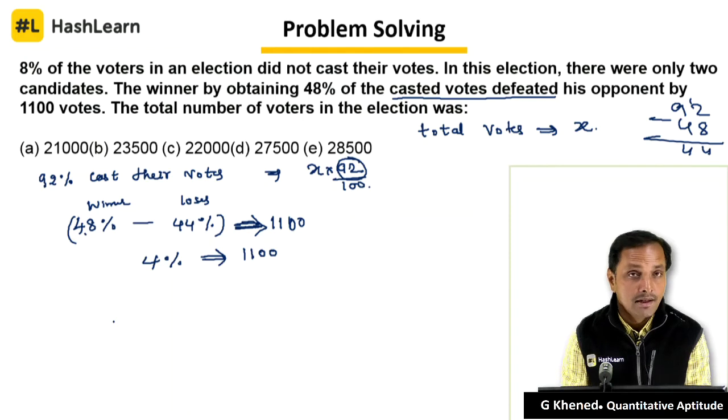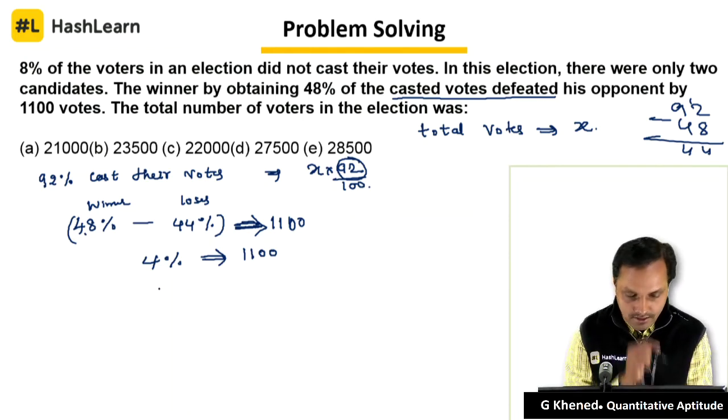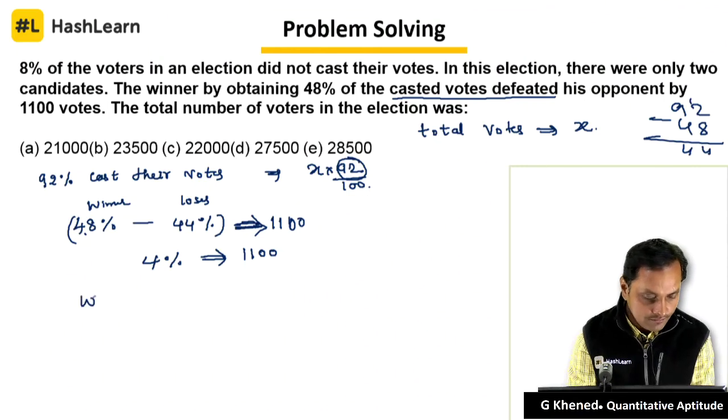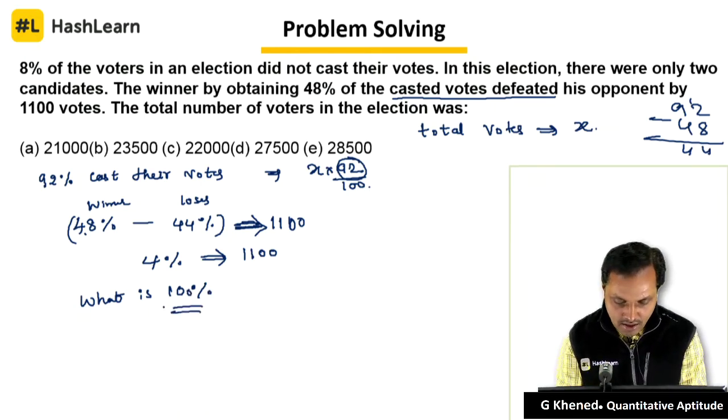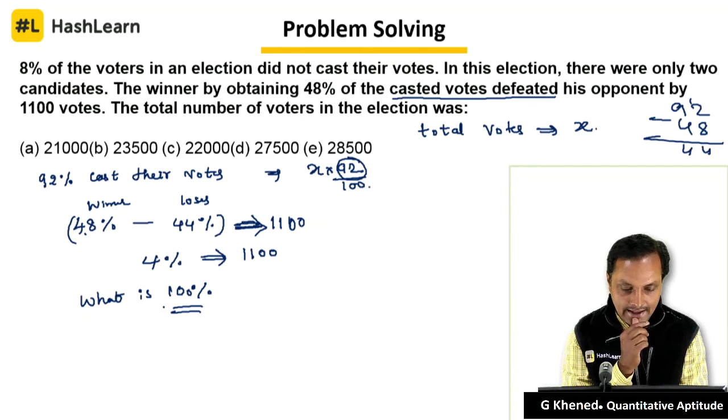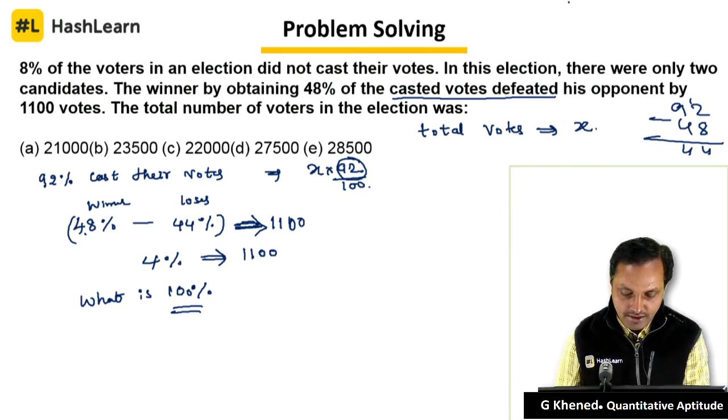Now it is very simple. 4% is 1100, which means what is your 100%? Very simple.